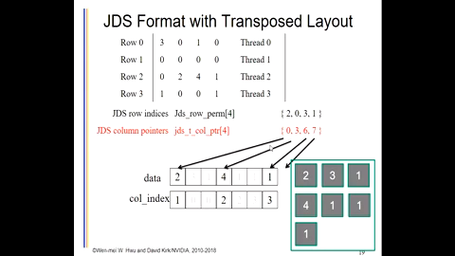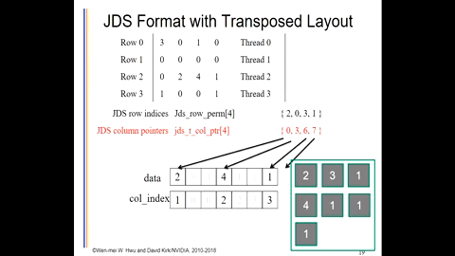So that's why we have 0 pointing to 2, which is the beginning location of this transposed row, and location 3 here that points to the beginning of the next row, and location 6 that points to the beginning of the next row, right? So that gives us the beginning of the transposed rows. And we call it a column pointer because they correspond to the original column of the CSR format.